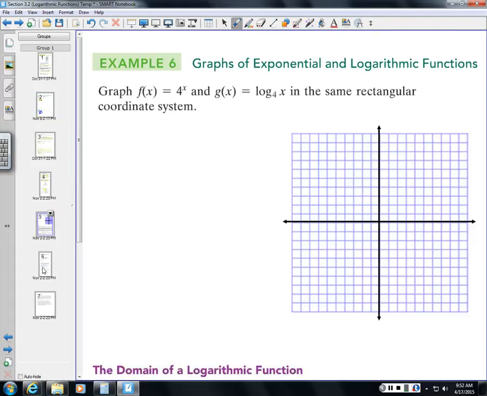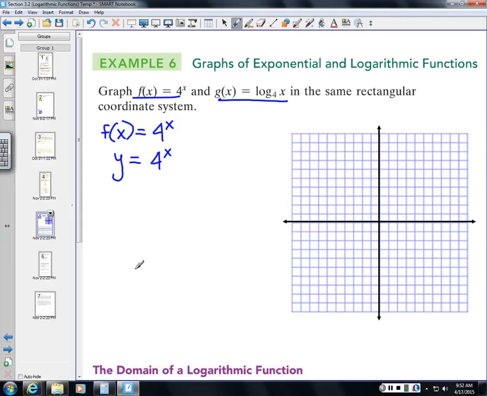Now here's the difference. We're saying that these are inverses. They're not equivalent. And let me show you why. We know that f of x equals 4 to the x power is the same thing as y equals 4 to the x power.